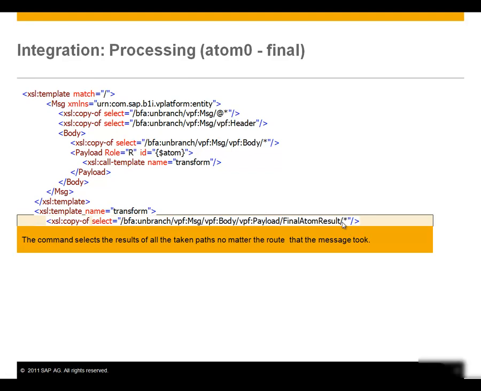So in both cases, either when we create the sales order or when we ignore the message, in both cases we had a final atom result, and then we copy simply in the receiver message what is inside this final atom result. If we had several paths and we want to go through the different paths, we should do an XSLT transformation, taking into account the different messages we have, and then making a mix to create the receiver message.